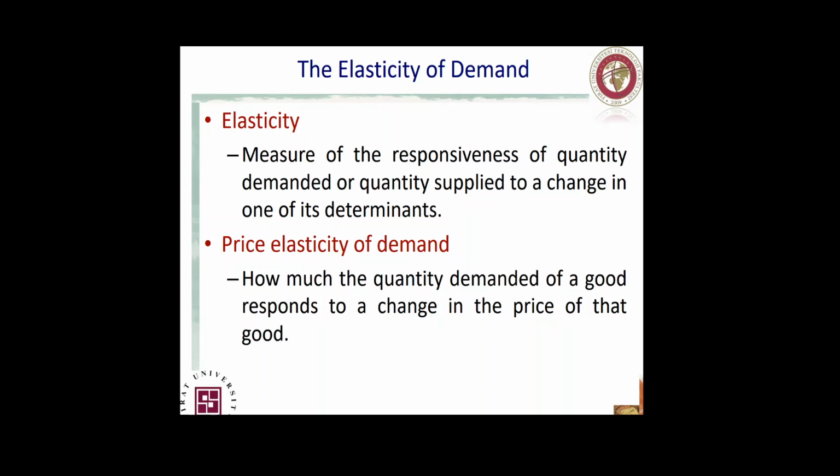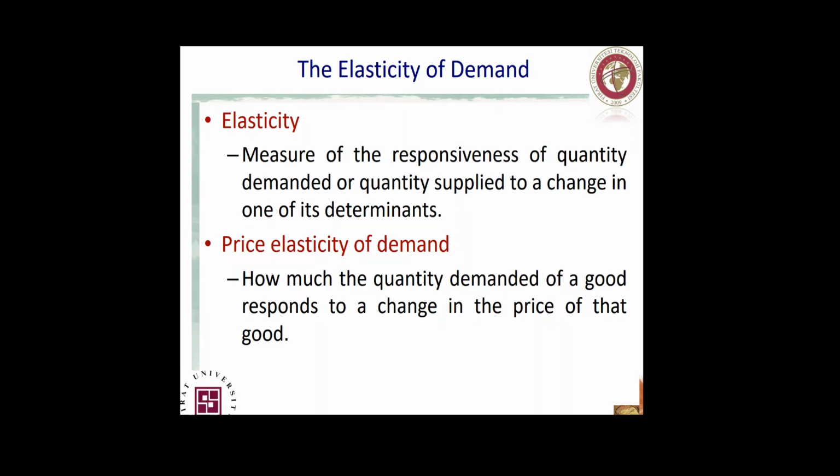Within this part, we will speak mainly about demand, or quantity demanded, and we will measure how the quantity demanded changes based on the change of the main determinant that we speak about here, which is the price.